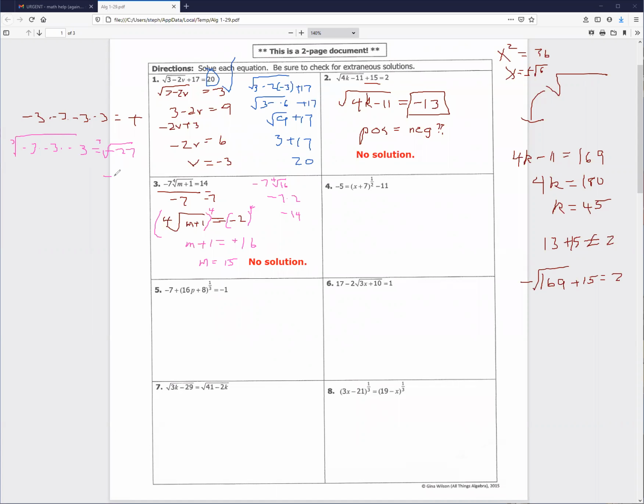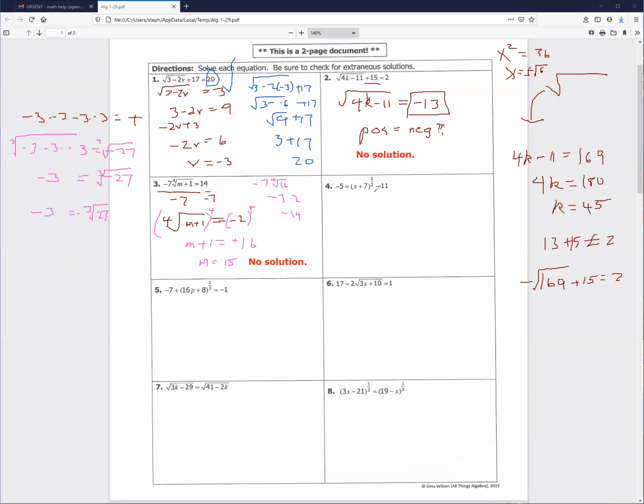And so the cube root of negative 27 is negative 3, and that is a-okay. And in fact, it is also true that we could say negative 3 equals the cube root of 27 with a negative on the outside as well. So that'll work with odd roots, but it will not work with even. So we'll keep that in mind when we look at number 5 and number 8, because those have cube roots in them. But let's carry on with where we were at.